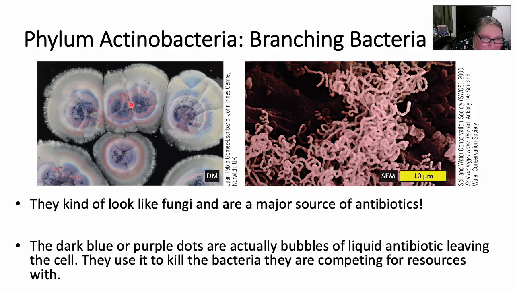Okay, these are actually liquid antibiotic that the cell is making and pushing out through its cell wall in order to kill off any bacteria of other species around it, which is going to leave it free to use all the resources in the area. So it's really killing off the competition around it. We actually isolated a lot of these antibiotics, and we use them in medicine.